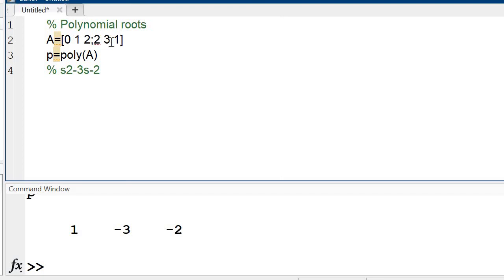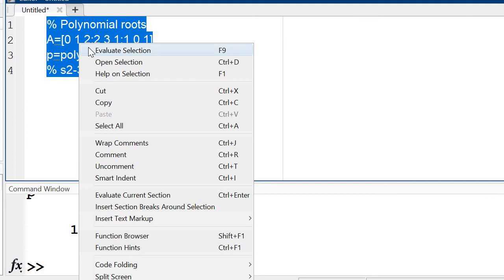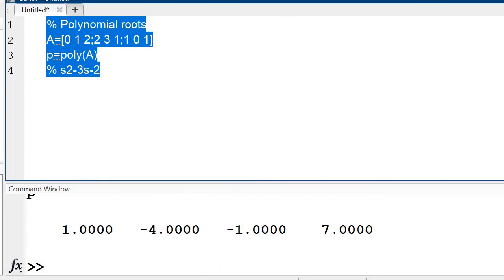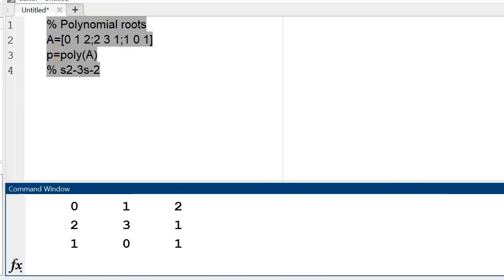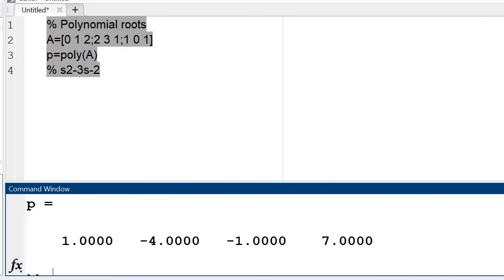Write it 1 semicolon 1 space 0 space 1, close this bracket. Now find the polynomial of this function. This is our 3 by 3 matrix, and this is our polynomial. It means s cube minus 4s square minus s plus 7. This is about the 3 by 3 matrix.